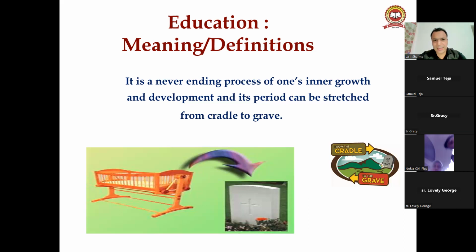John Dewey, guys, if you remember, in the B.Ed course you have studied pragmatism, the school of thought. Who was the founder of pragmatism? The founder of pragmatism is Charles Sanders Peirce, an American philosopher.